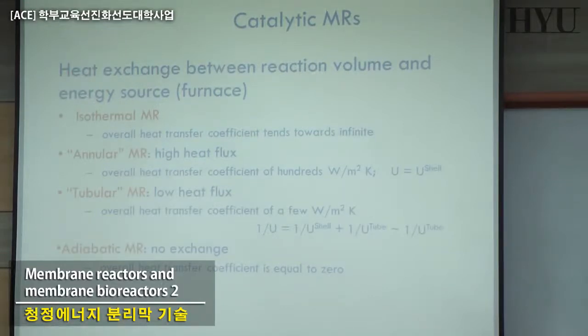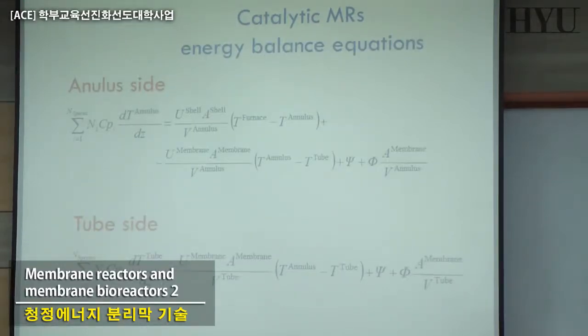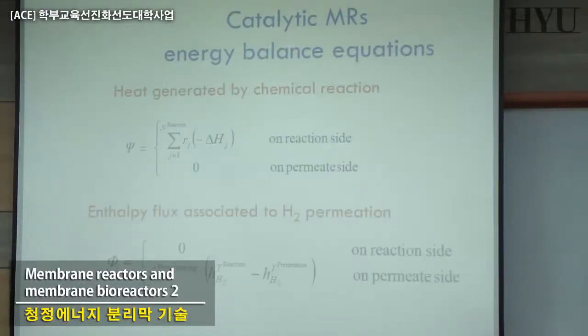That is something we are not considering at the moment, but you can write the equation as we did before on the annulus and on the tube side, and you will have the same kind of system.